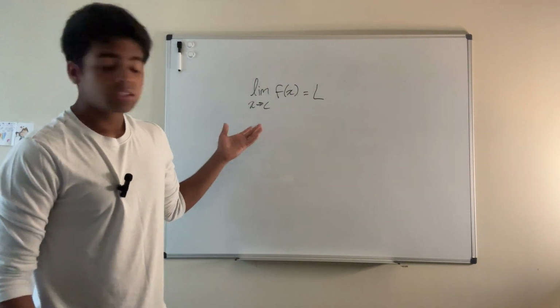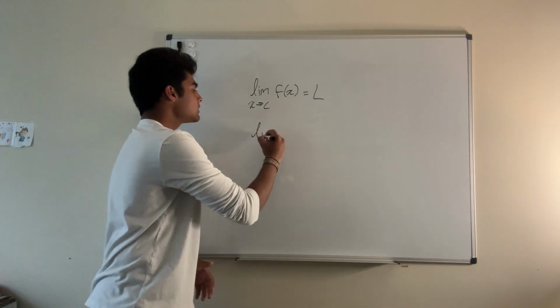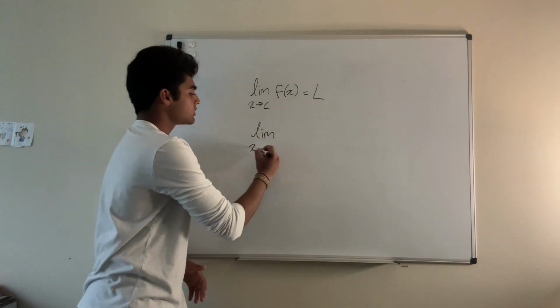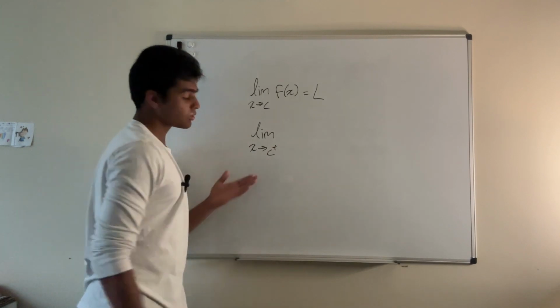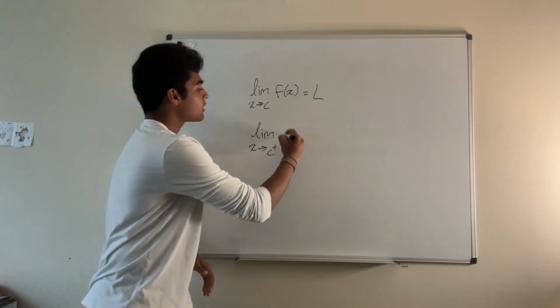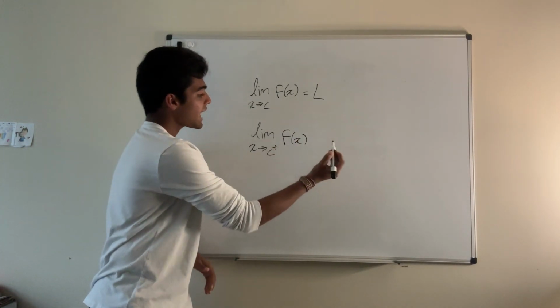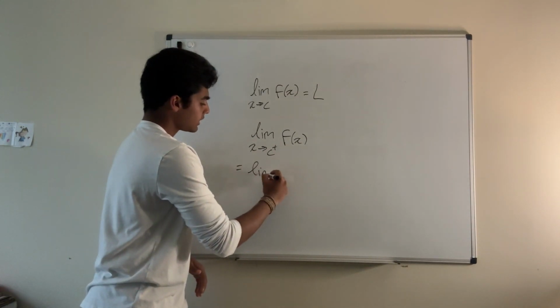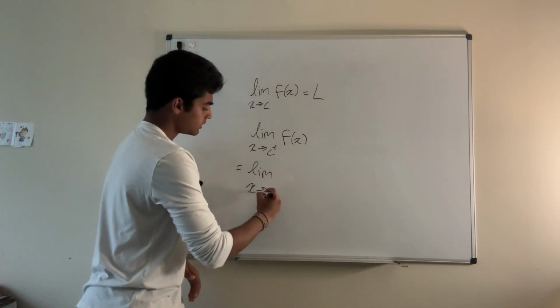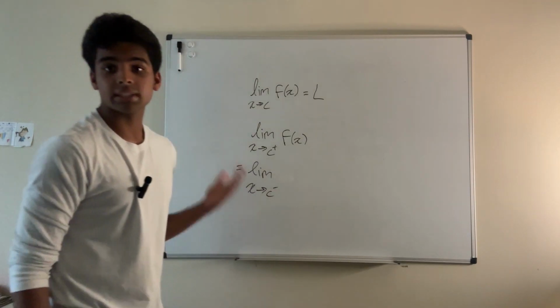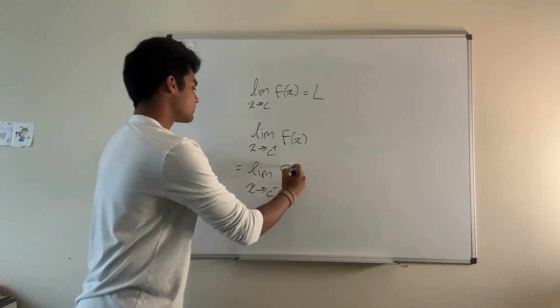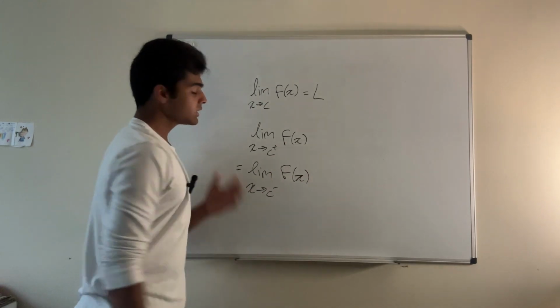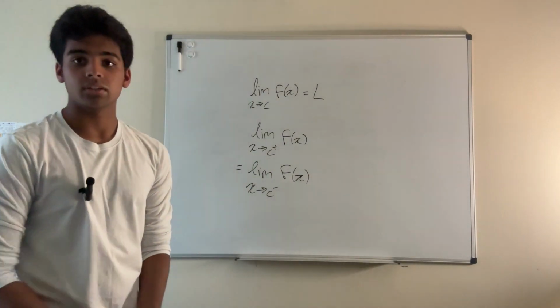And for this to exist, the limit as x approaches c from the right, or from the positive end of the function, has to be equal to the limit as x approaches c from the left, or from the negative side of the function. And only then will the limit actually exist.